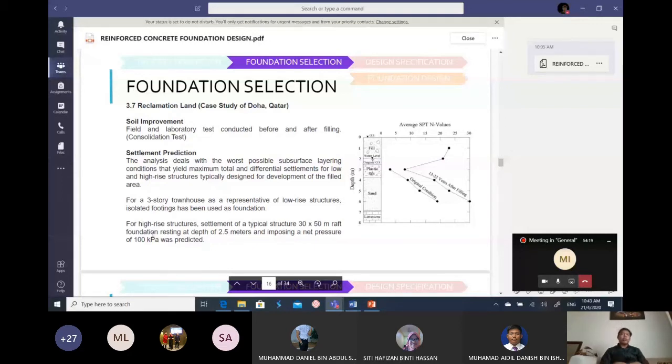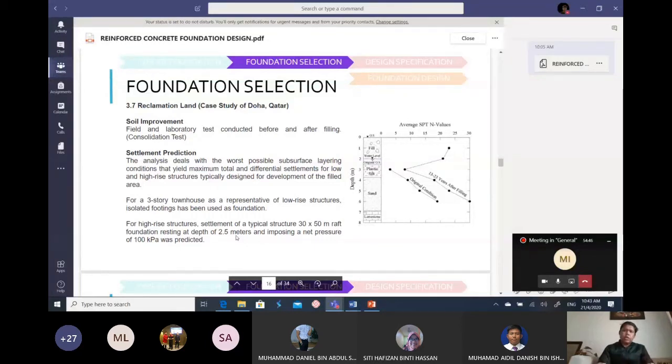So sometimes we can have an additional foundation. If we would like to combine two types of foundation, for example, raft foundation and also piling, it also can. So it depends on the situation of that area. There is no specific, although the suggestion is already here on the foundation selection. So sometimes you have to really study, because soil is the earth element that is not easy for us to predict.